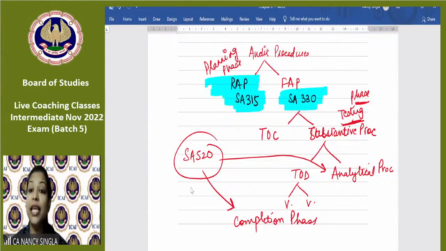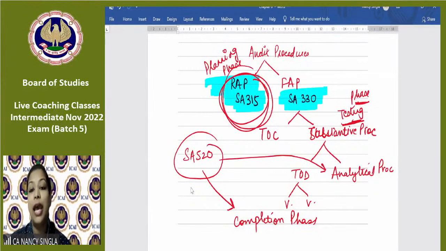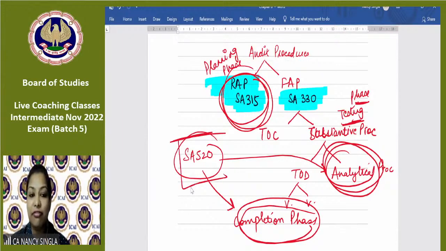So near the end of the audit, when the auditor has to see whether the expectation that he developed here and whatever calculations he did here, whether there is a difference between the same or not, at the completion stage also auditor may perform analytical procedure, and SA 520 is there, which gives the responsibilities, the scope, the objective of the auditor with respect to performing analytical procedures as substantive procedure and at completion stage.